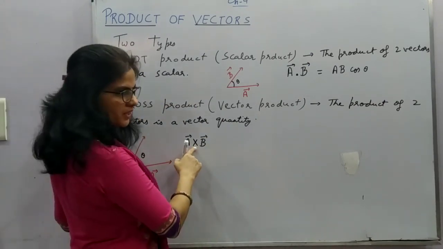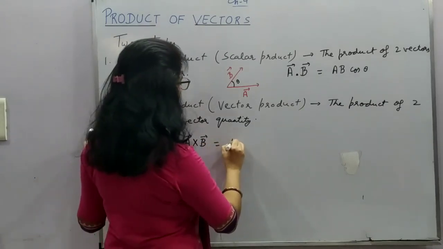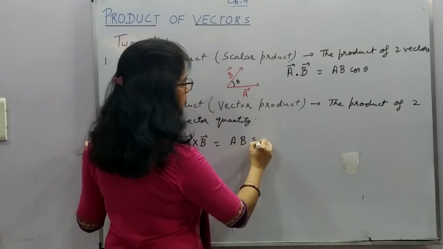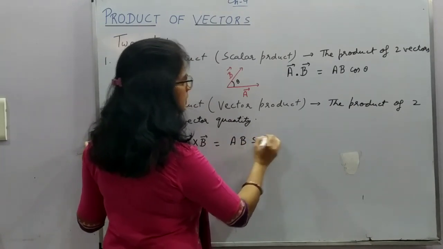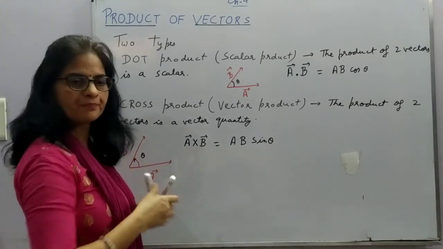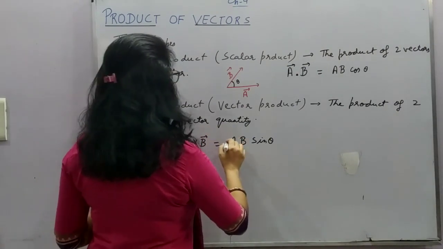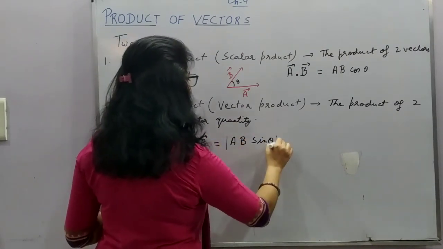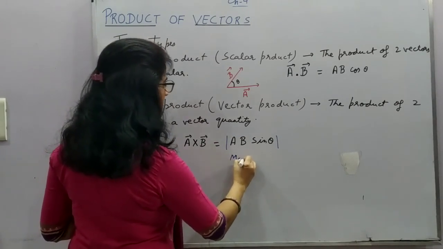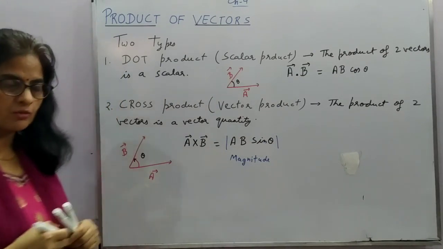So this is not multiplication, this is actually cross, right? This is A magnitude, B magnitude into sine of angle between these two vectors. This part forms the magnitude part of this formula. Let me specify this here because this is very important.